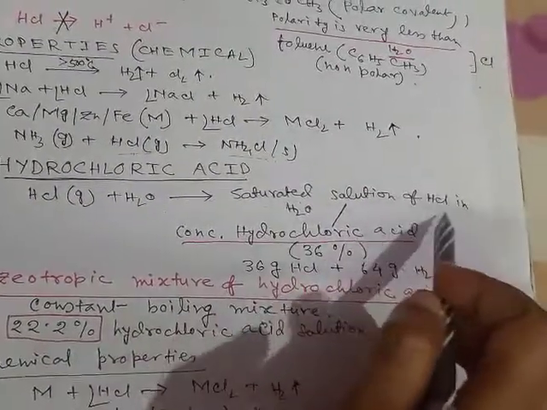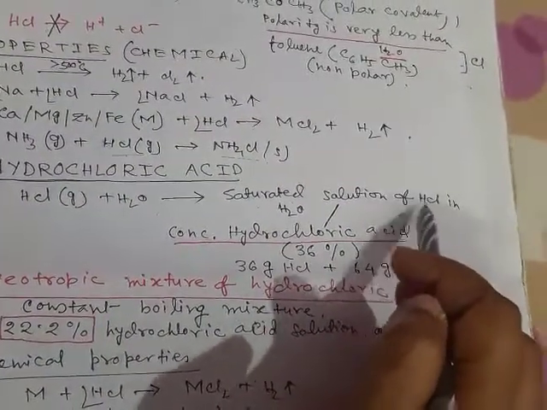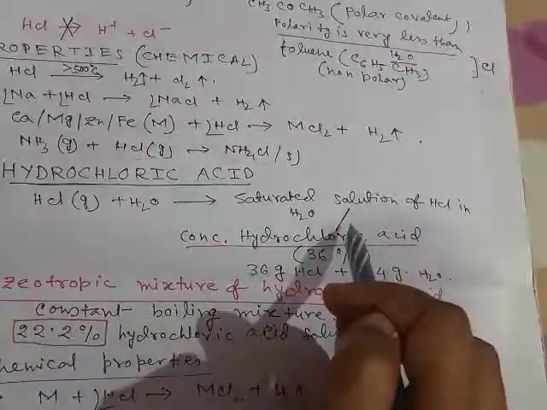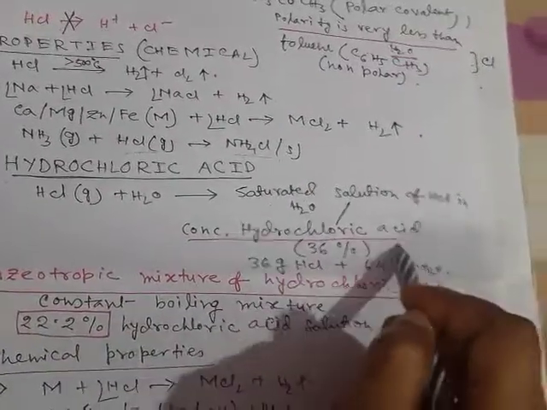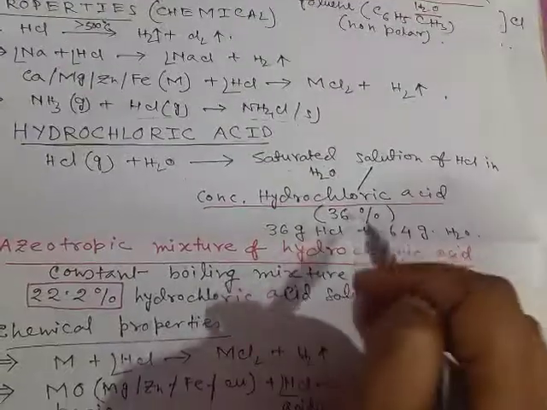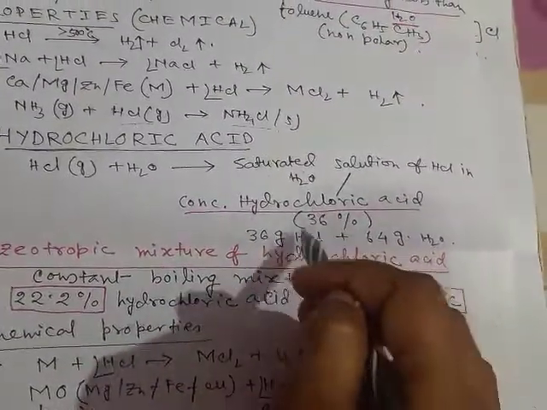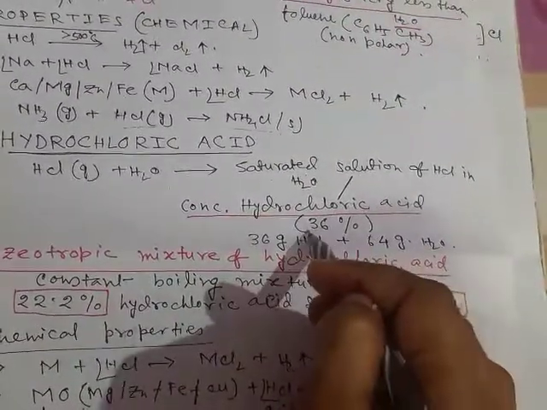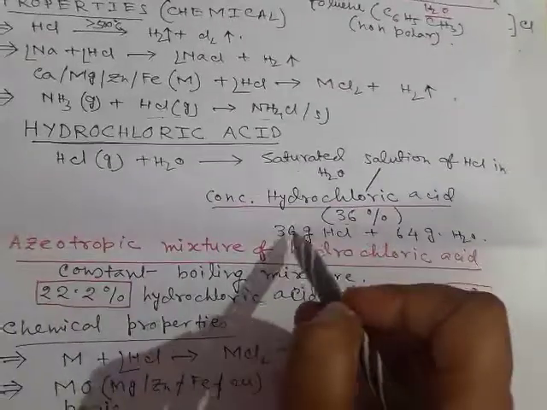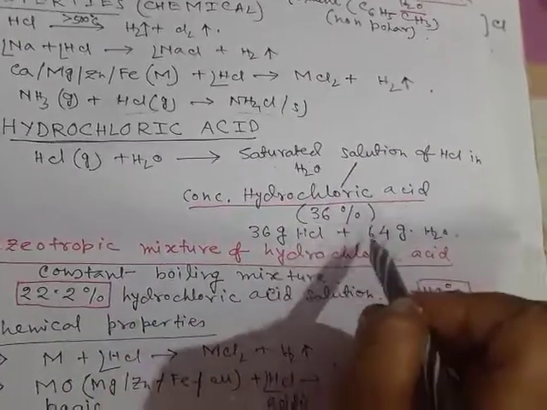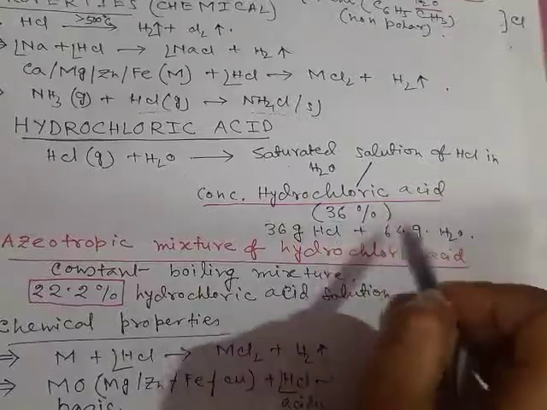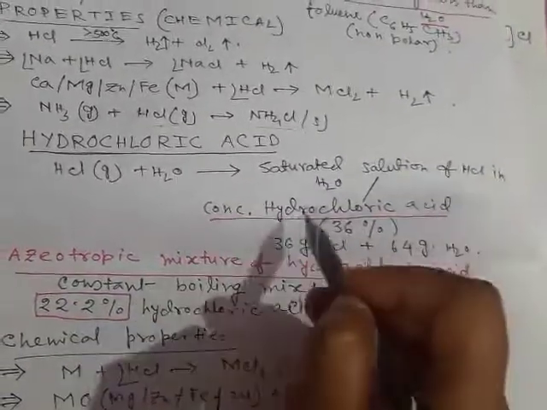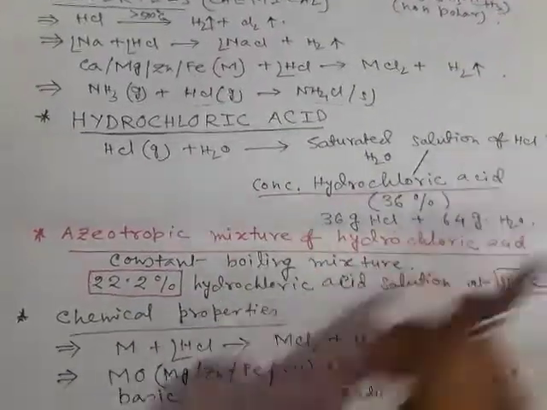That is the maximum percentage of HCl in water, called concentrated hydrochloric acid, and at this stage the composition of the hydrochloric acid is 36%, that is 36 gram HCl and 64 gram water remain in this solution. This is called concentrated hydrochloric acid.